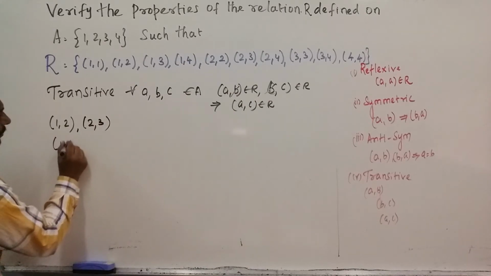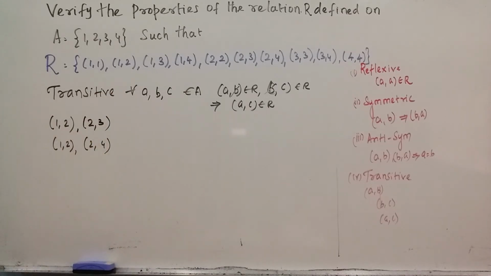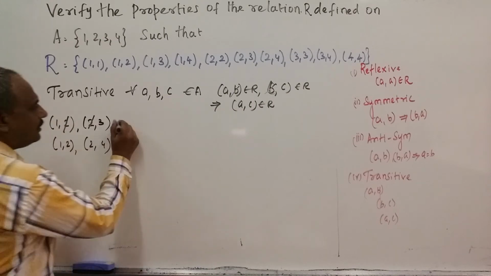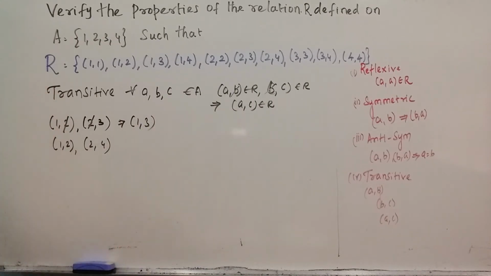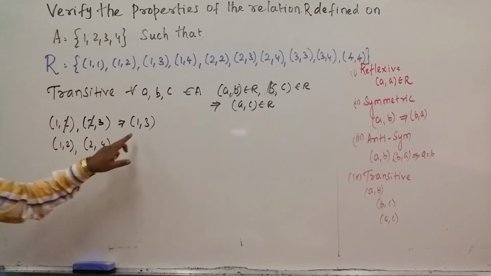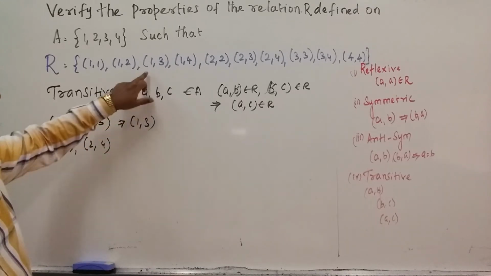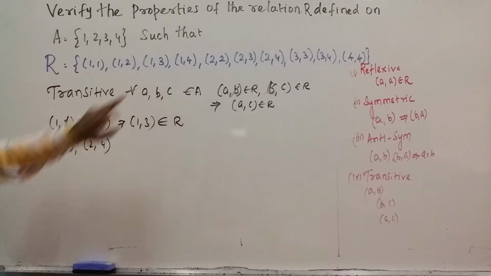When I take (1, 2), we are having (2, 3). I am going to cancel the common term b. I am going to check the remaining element (a, c). Does this exist in the relation? Yes, (1, 3) exists in the relation R.